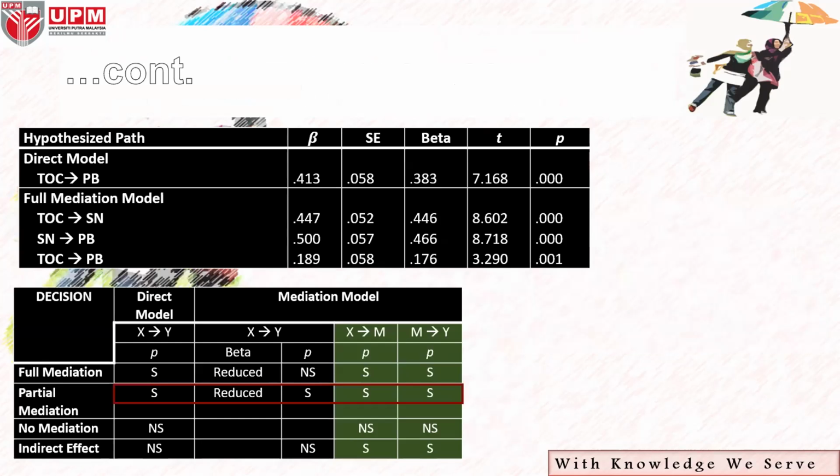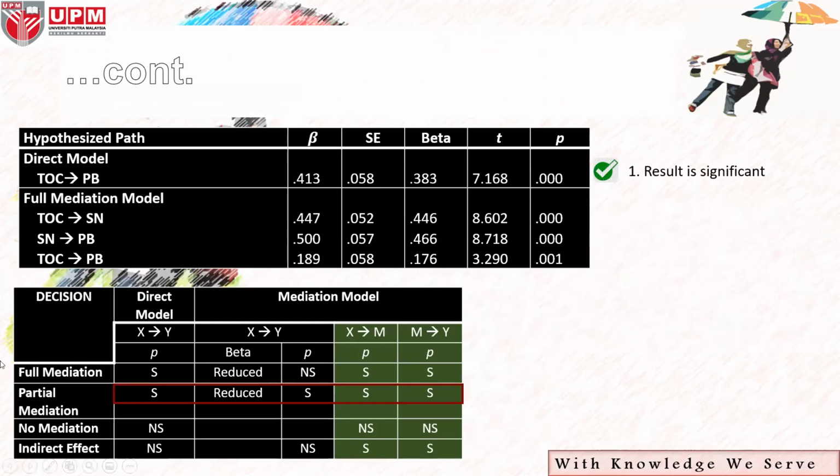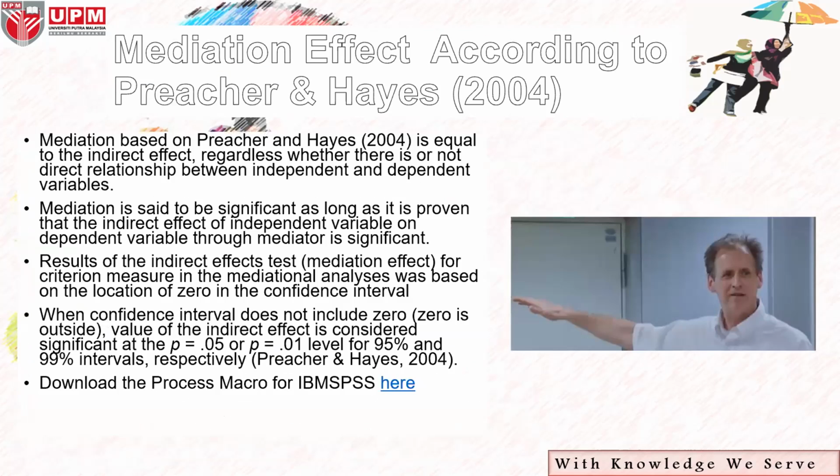Kalau you all perasan tadi dalam table ni, dia benda yang berbeza: full mediation, partial mediation, no mediation and indirect effect. But based on Preacher and Hayes, dia kata mediation is equal to indirect effect, regardless whether there is or not a direct relationship between independent and dependent variable.